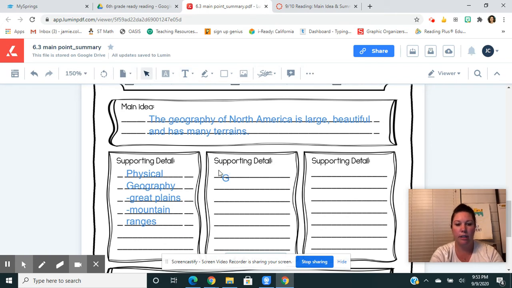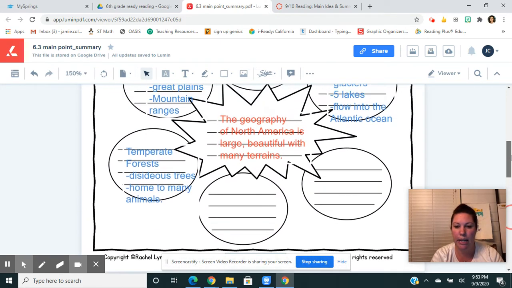So great. Why does it always do that? I'll try it again. There we go. Great Lakes. And so I'm going to talk about how there are 5 lakes. Let me see what other details I put up here on my planning sheet.